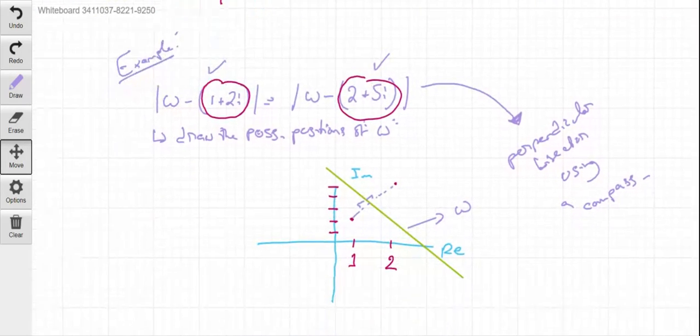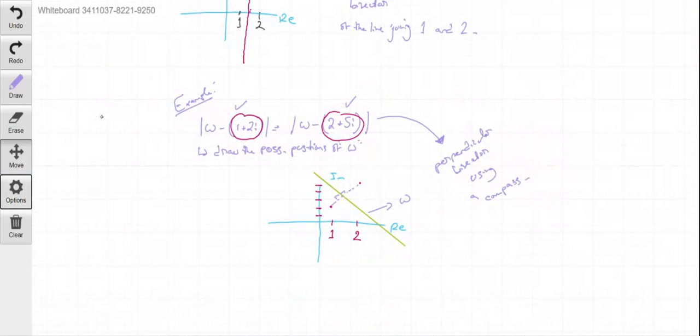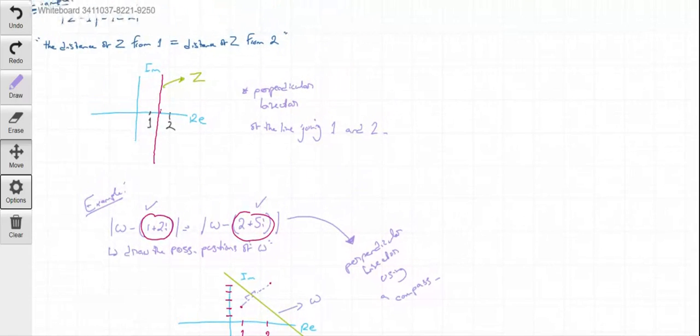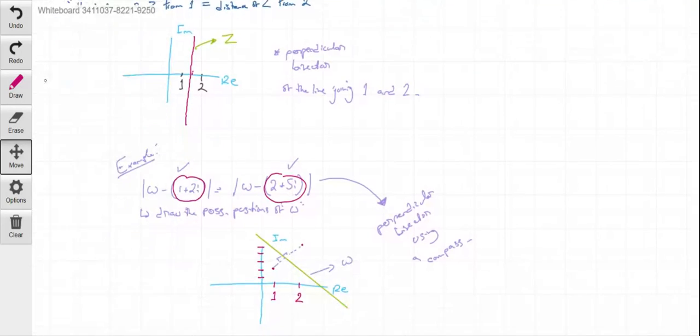And the whole idea, again, in summary, is based on the idea of points being equidistant. In this example, understand that Z is essentially equidistant from these 2 points. In this example, W is equidistant from these 2 points over here, and thus perpendicular bisector.